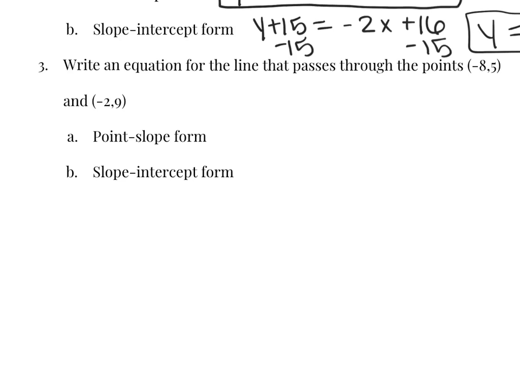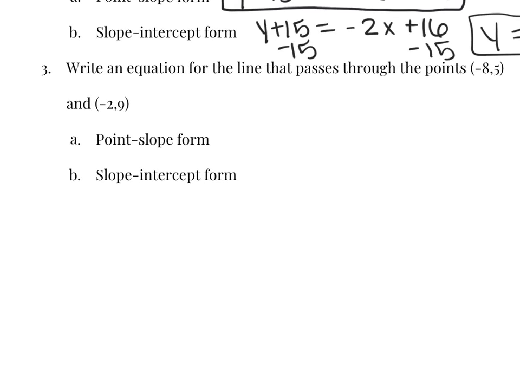Problem 3 says we're still writing an equation, but instead of giving us a slope, it gives us 2 points. Well, we can find our slope given 2 points using our slope formula. Our slope formula, if you don't recall, is y2 minus y1 over x2 minus x1.